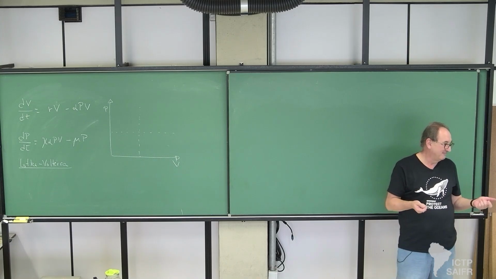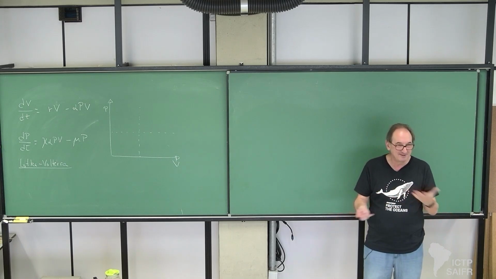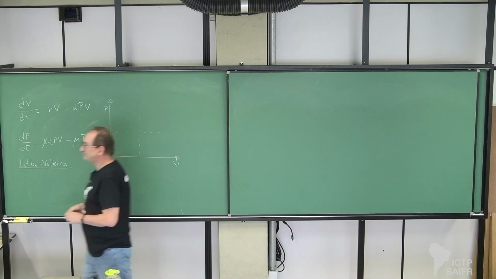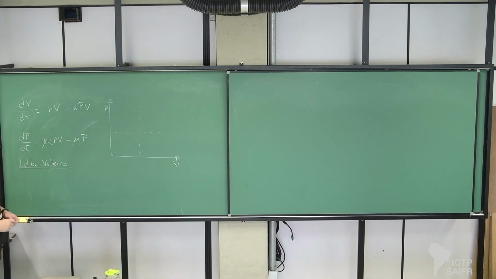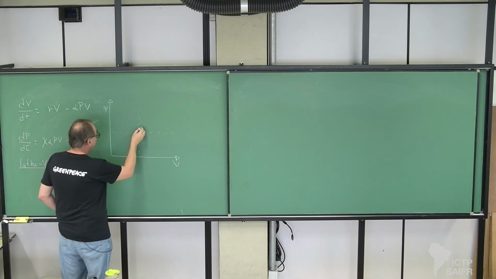A simplification depends a little on what people prefer, so I call it nullclines.